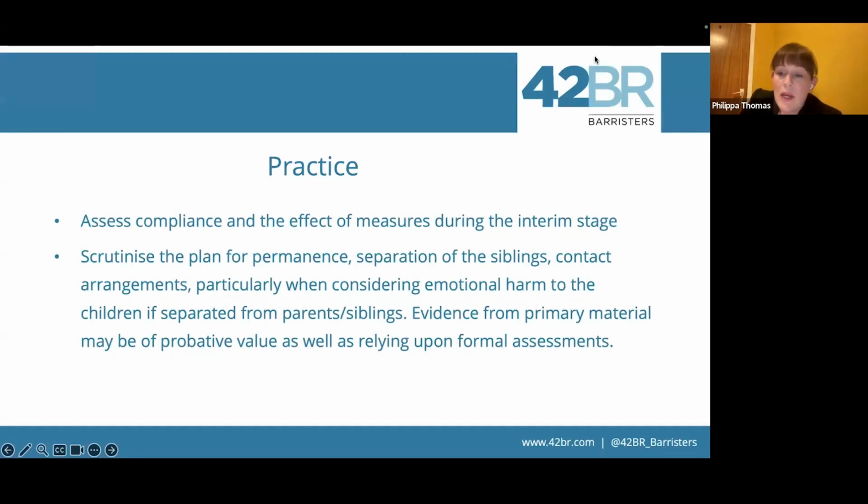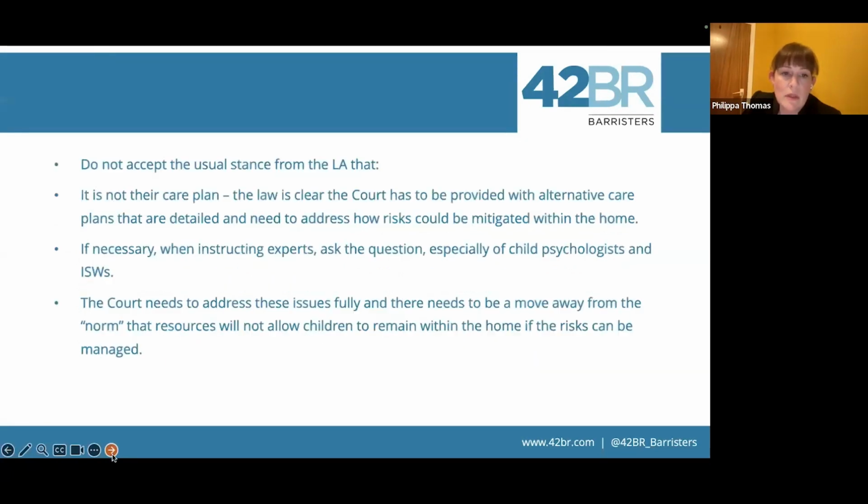And this is ultimately where it really helps to have social workers and guardians who are involved in the care and have a good relationship, because they will be able to provide assistance as to the impact it will have on the children in particular.